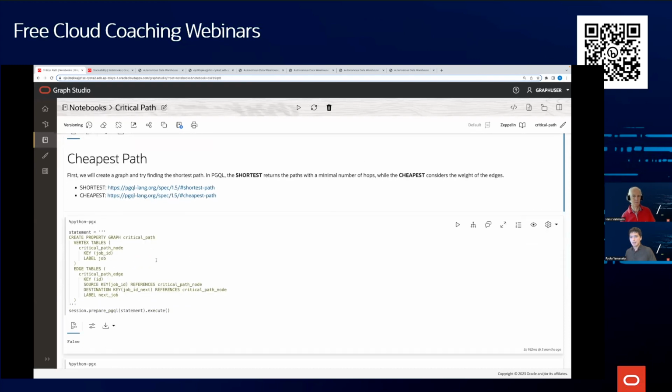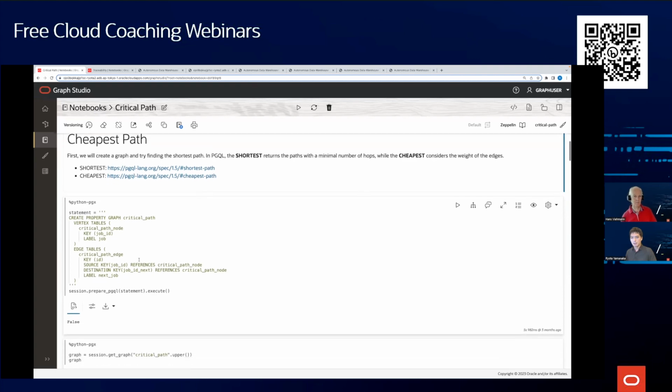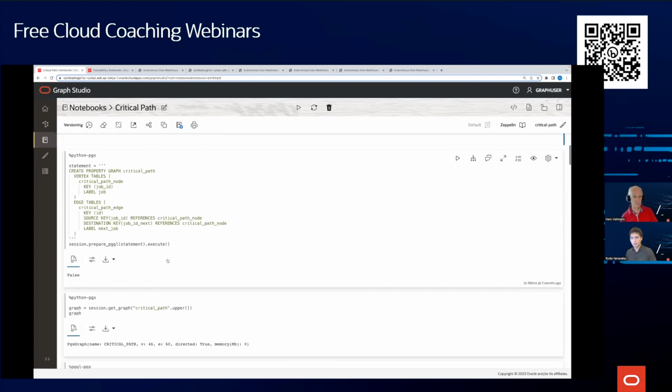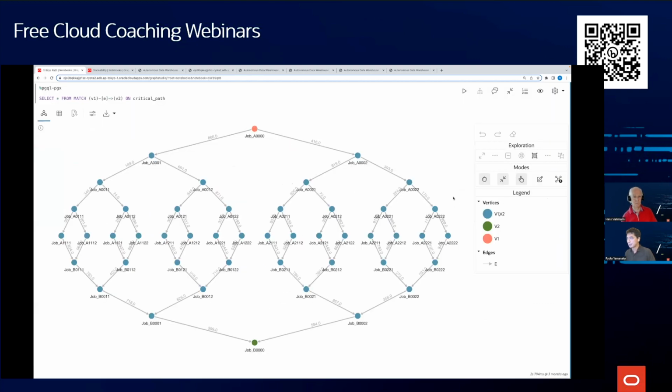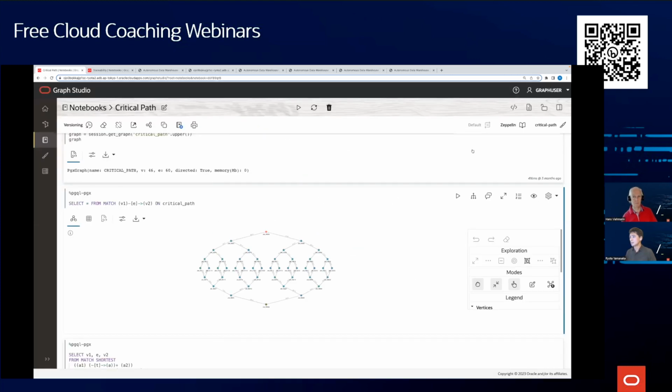Yes, as always, we can create a graph from table information, maybe using log output, and then create a graph like this. As you can see, these are the jobs, and the numbers on the edges are elapsed time.